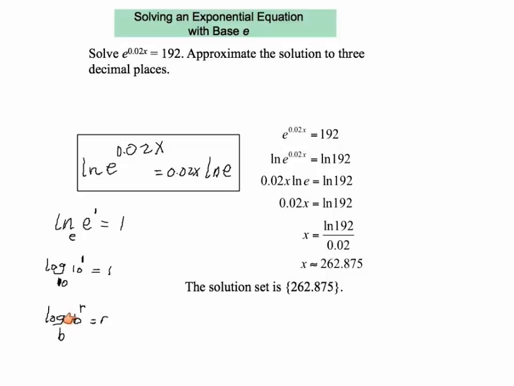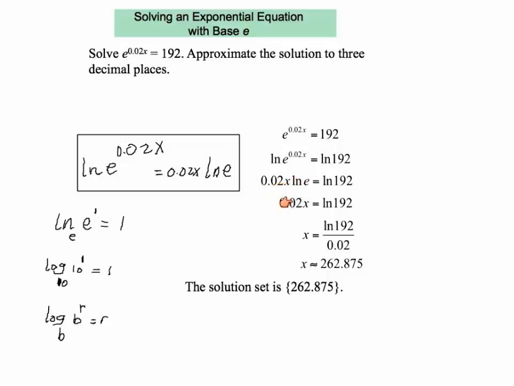Log of b to the power of r is equal to r if the bases are the same. Log of 10, remember, was equal to 1 because the exponent is 1, matching the base. So in this case, natural log of e would be equal to simply 1.